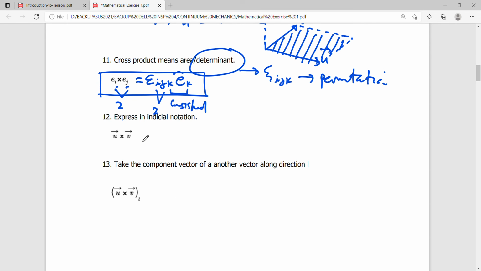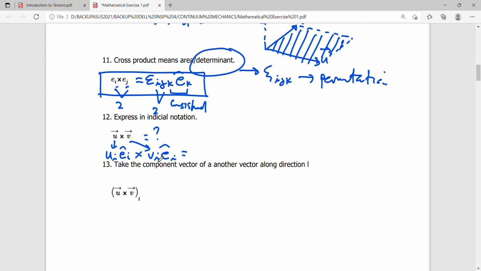So I want to express this vectorial notation in indicial notation: U_i e_i, I cross it with V_i e_i. This is my equivalent cross product, or vector product.